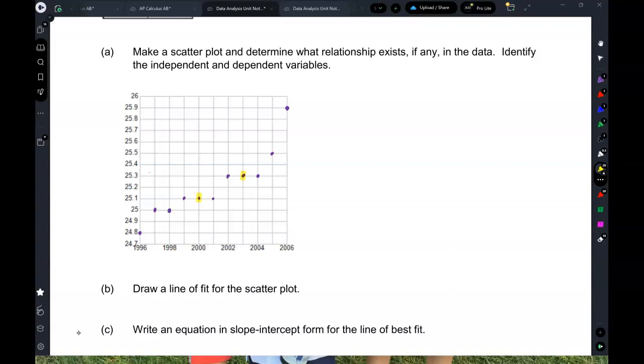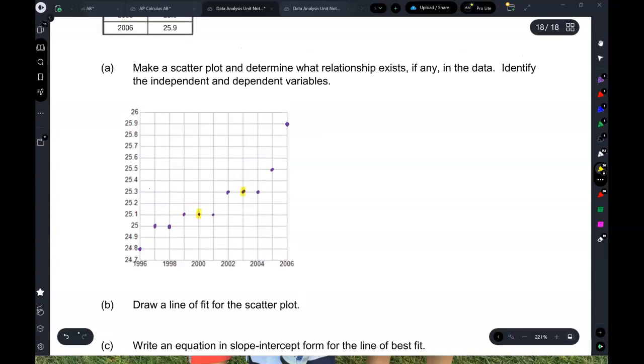If I do this, it goes through more points. Just make sure you have an equal number above and below.